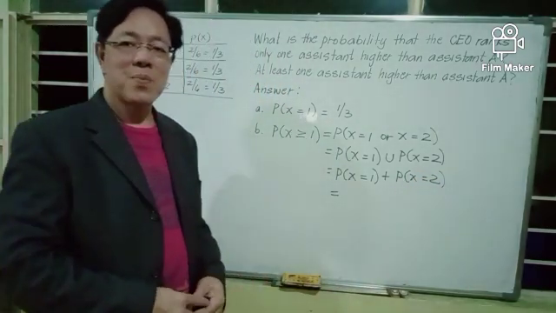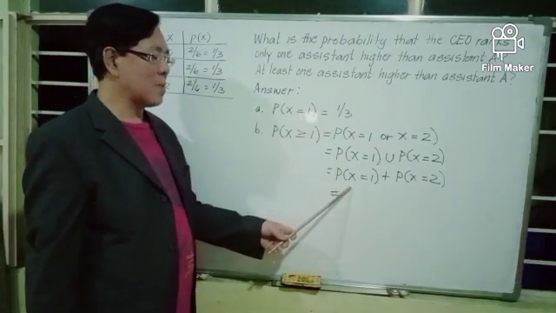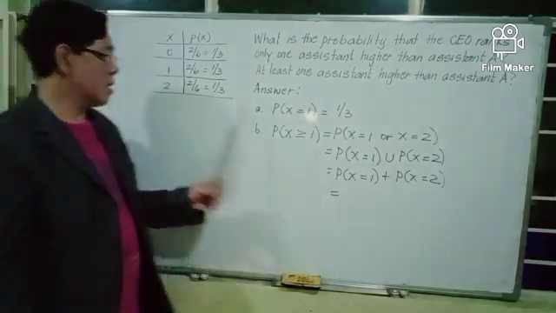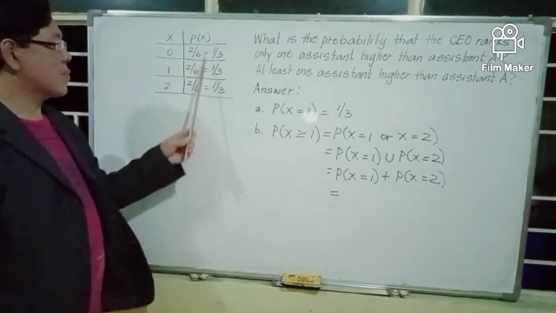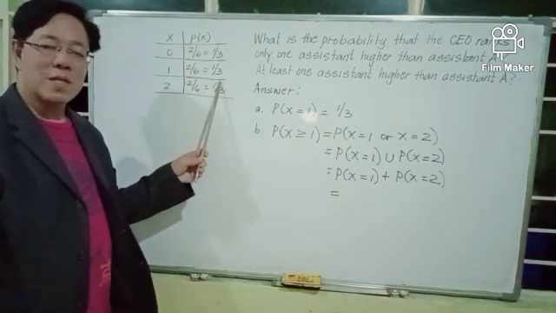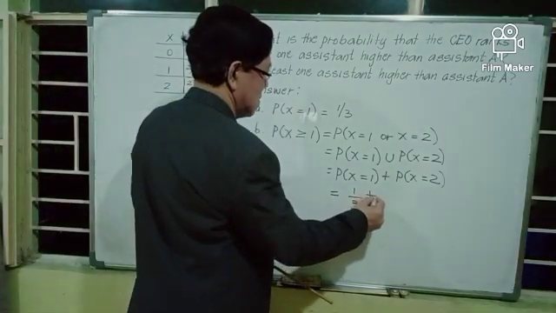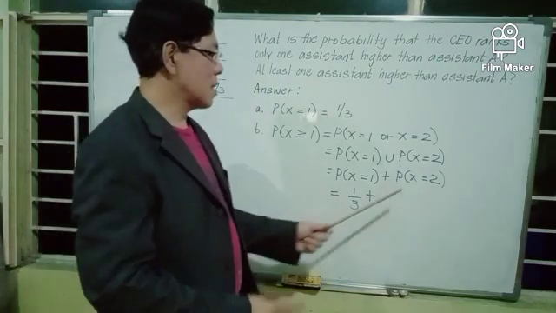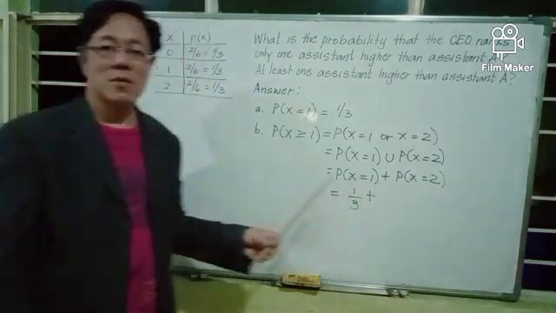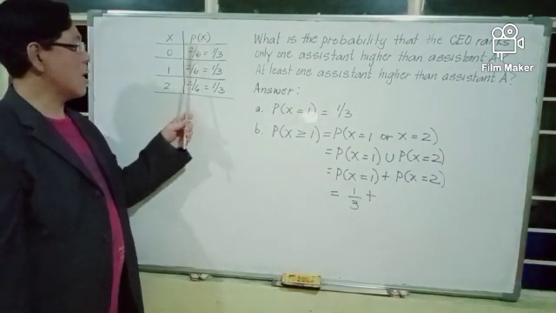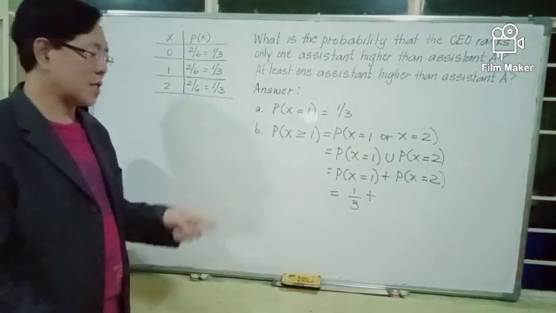And from our probability distribution table, the probability that only one assistant is higher than assistant A, x is 1, probability x is 1 is 1 over 3, plus the probability x is 2, two assistants rank higher than assistant A, probability x is 2 is also 1 over 3.